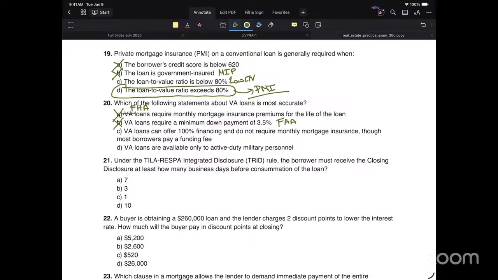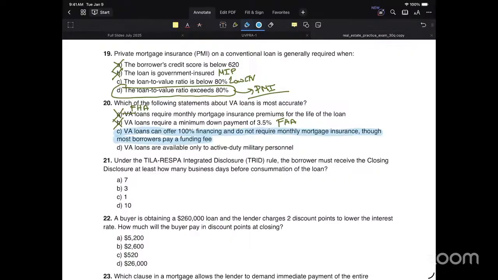C, VA loans can offer 100% financing and do not require monthly mortgage insurance, though most borrowers pay a funding fee. Well, you know what? I like the sound of that one. That sounds right. But remember, and we were just talking about this the other day, for this test, we have to choose the best answer.